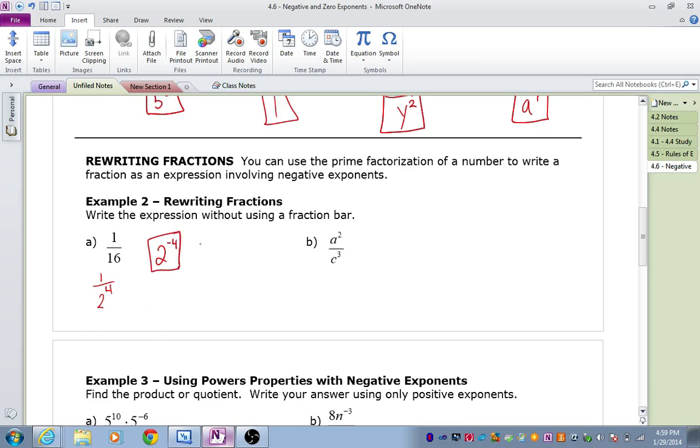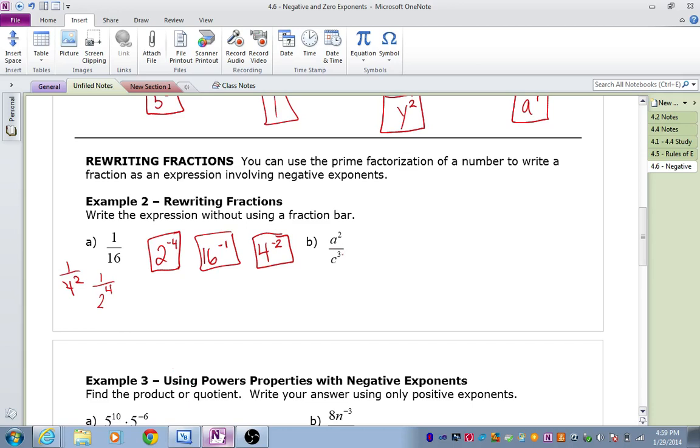Now could you also say 16 to the negative 1st? Definitely. So that's another option. You could also say, well, 16 is 4 squared, so you can say 4 to the negative 2nd. So those are 3 different ways you can write this fraction.